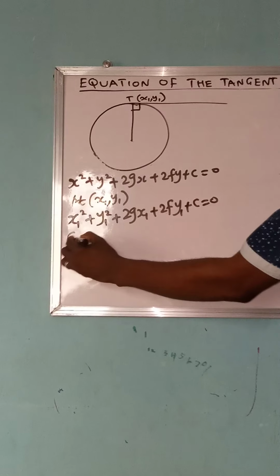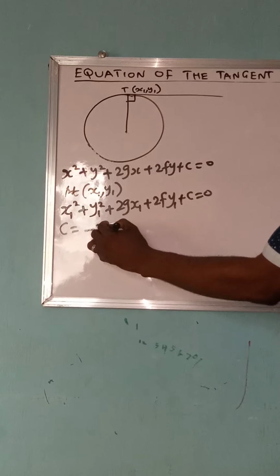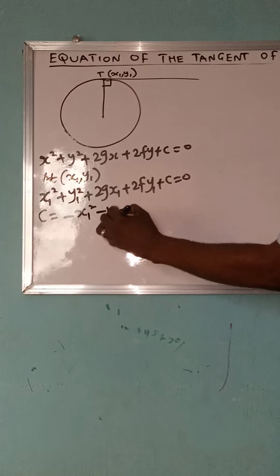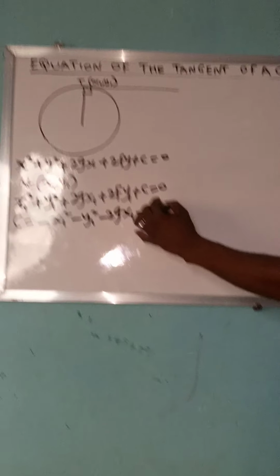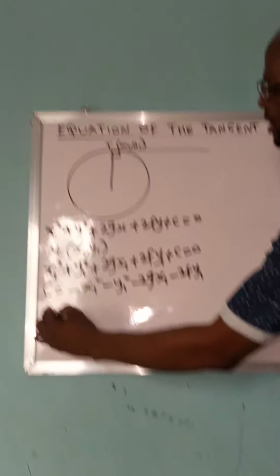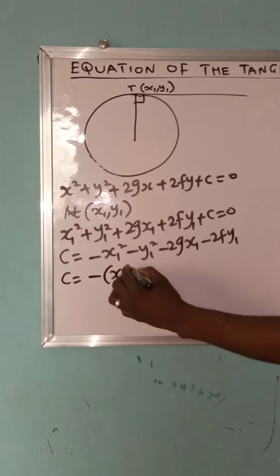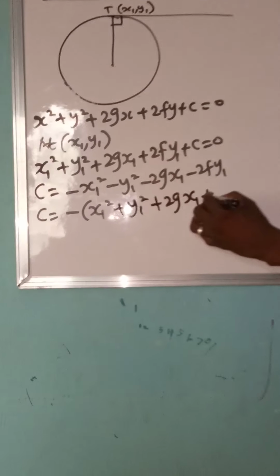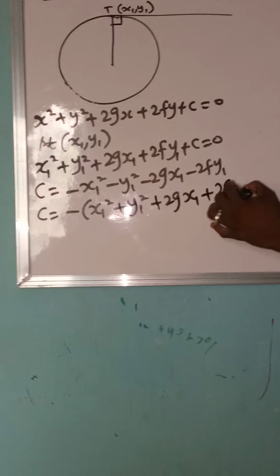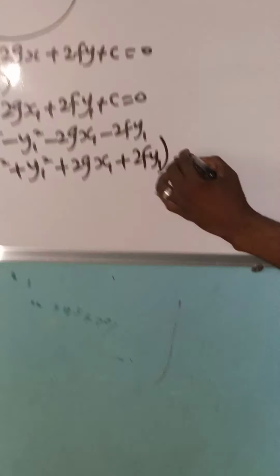So c = -x1² - y1² - 2gx1 - 2fy1. So c = -(x1² + y1² + 2gx1 + 2fy1). This is equation 1.